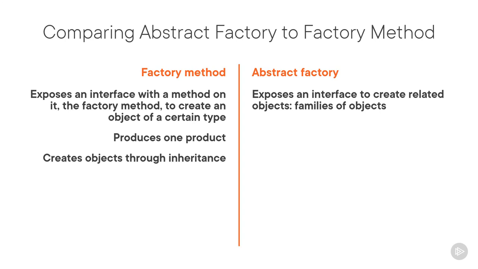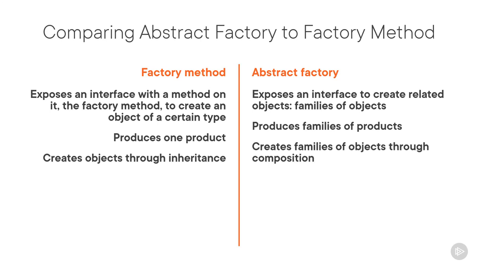And this is what is meant when it's stated that the abstract factory is often implemented with factory methods. Anyway, it thus produces a family of products. And it does that via composition instead of inheritance. The abstract factory contains fields that hold the concrete factories that are used for creating concrete products.